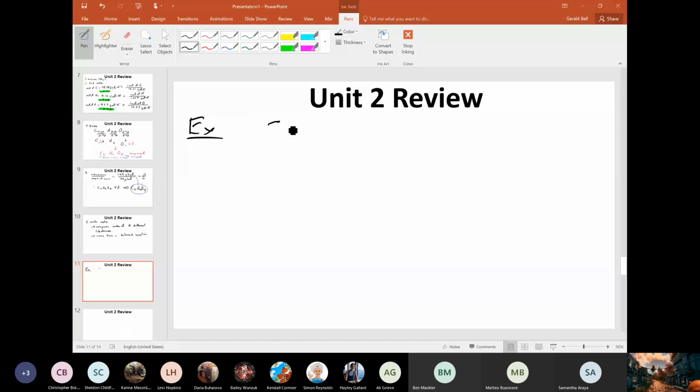Let's have N2 plus H2 gives us 2NH3. Balance this one, 3, there we go.